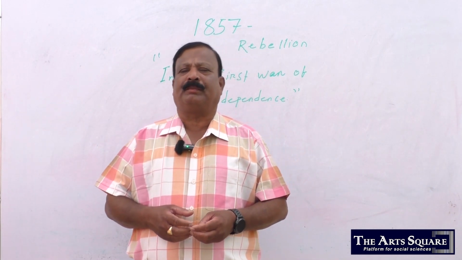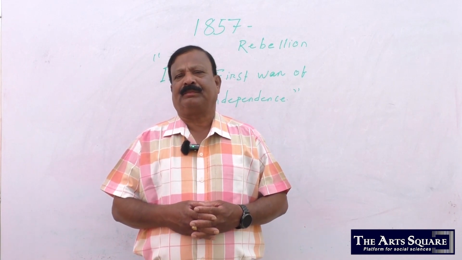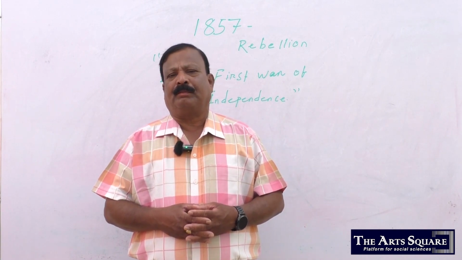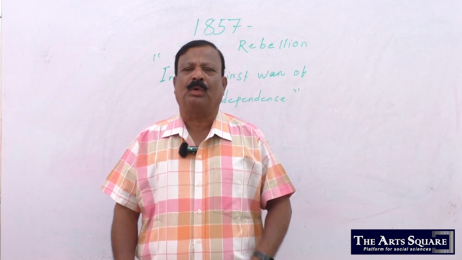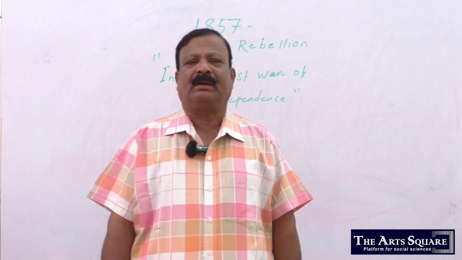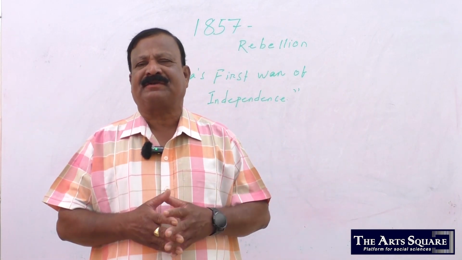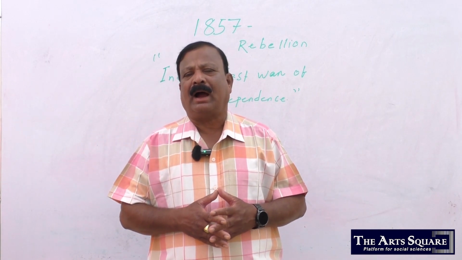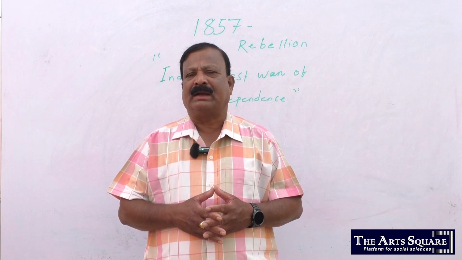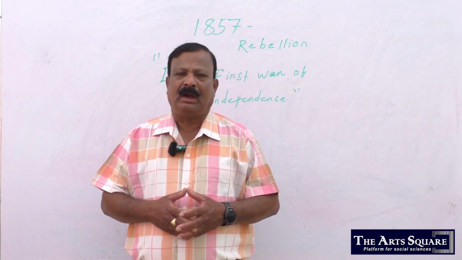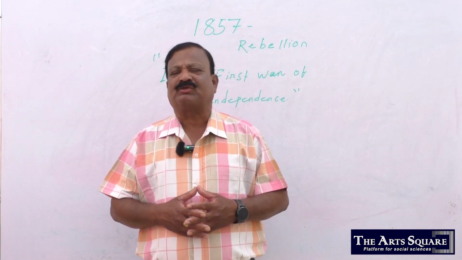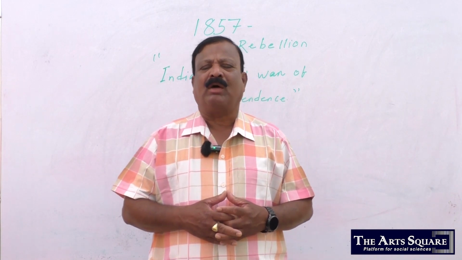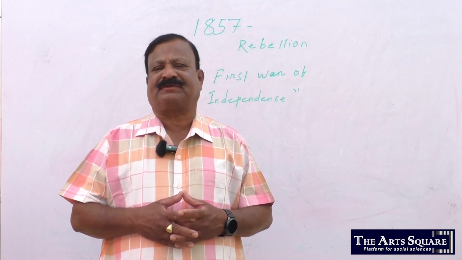The English rule started from 1757 to 1857, first phase, and from 1857 India attains independence in 1947. Altogether, British rule in India lasted around 200 years.